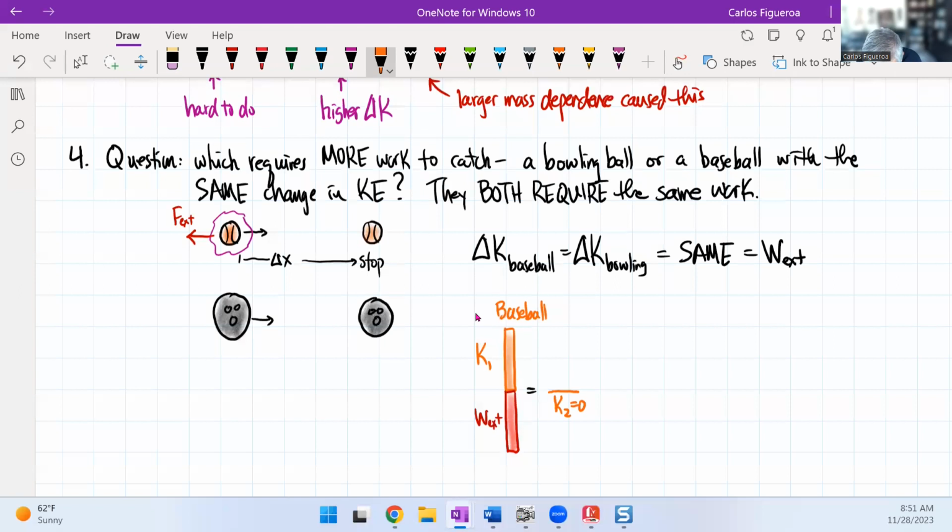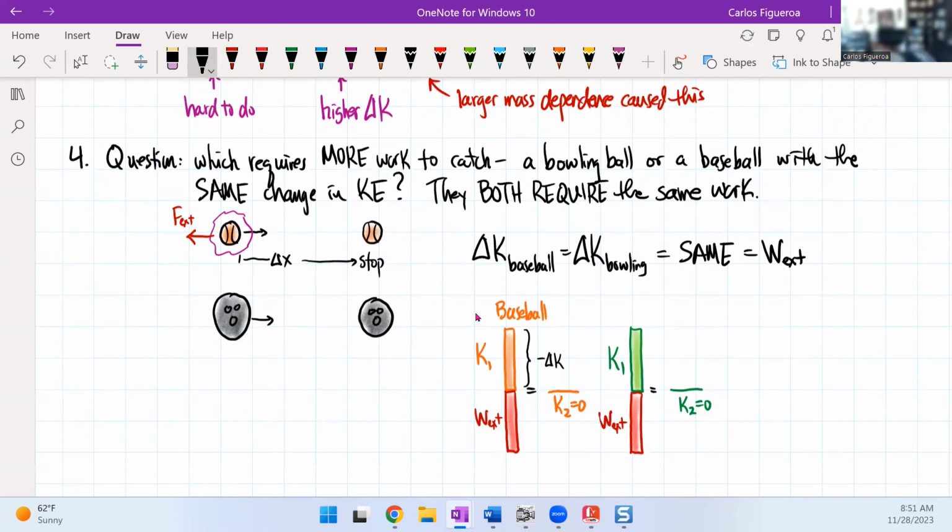But what about for the bowling ball? Well, we said that their change in kinetic energy has to be the same, right? So this here is the negative change in kinetic energy. It has to be exactly the same. So in this case, you could imagine that my change in kinetic energy must be the same. Therefore, the work to bring it to 0 must also be the same.